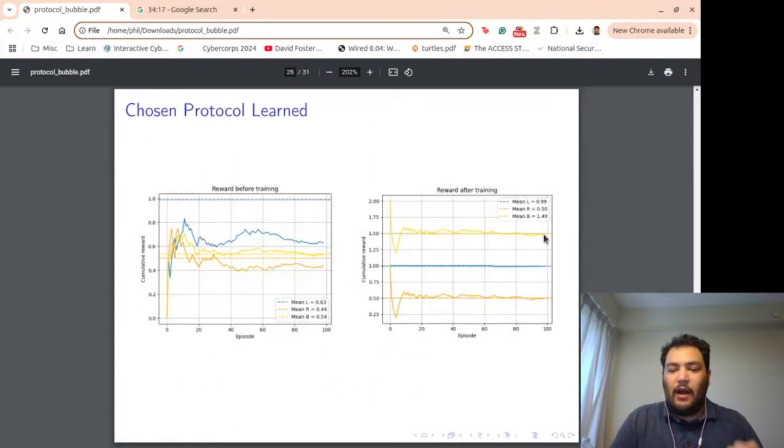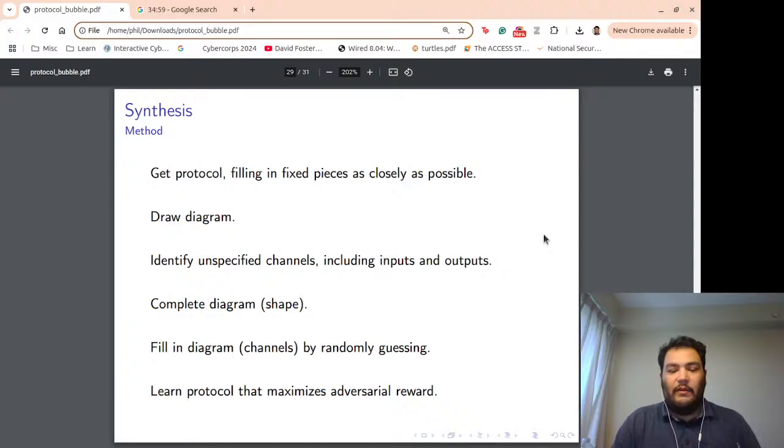And so we did not dictate a strategy to Malcolm, and yet he learned this protocol of guess on one and then use Alice's marks to inform his guess on the other instance of the protocol. And so this is a very realistic way to cheat. This is literally how students cheat if you give them a quiz with unlimited attempts. And Malcolm was able to learn it just with this method of guess and update.